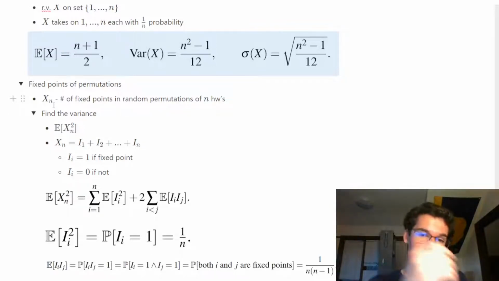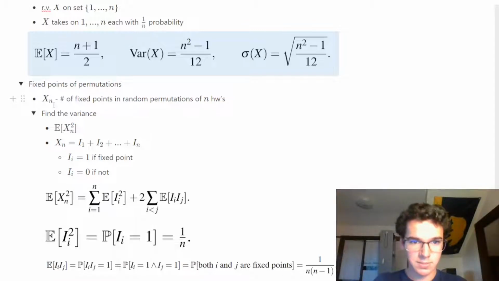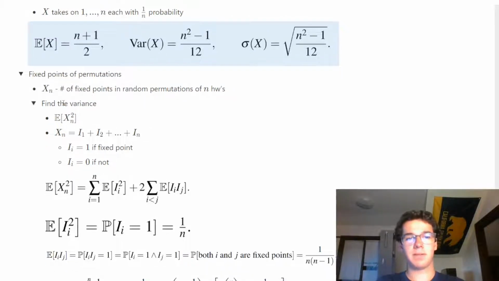Okay, for fixed points of permutations, we're going to let x sub n be the number of fixed points in random permutations of n homeworks.